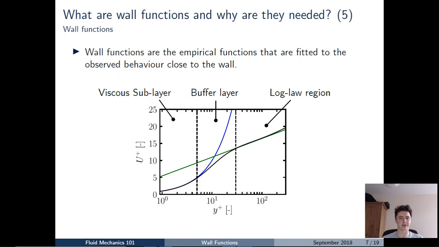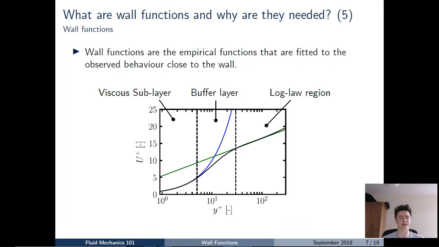That green line is linear, and it should always be remembered with these plots, as they're typically shown, the x-axis is on a log scale, whereas the vertical axis, the y-axis, is shown on a linear scale. So actually that empirical function in the log law region is a logarithmic profile, whereas in the viscous sublayer, in that section on the left, the variation close to the wall is actually linear.